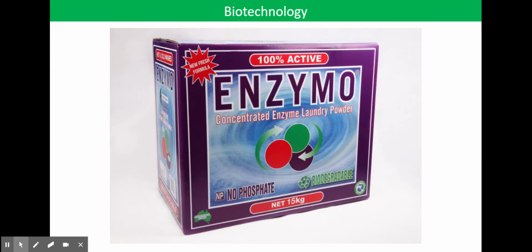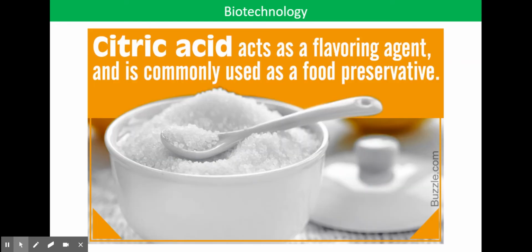A third major area is enzymes, so to make biological washing powders, as well as to extract juice from fruits, to digest sugar, to make food sweeter, to tenderize meats, various different uses of microbes there. And then there are lots of other examples as well. So, for example, the use of a certain fungus to make citric acid, which is a food preservative.